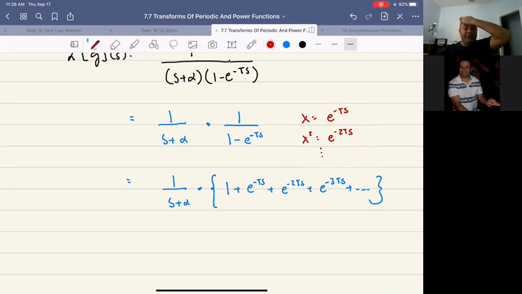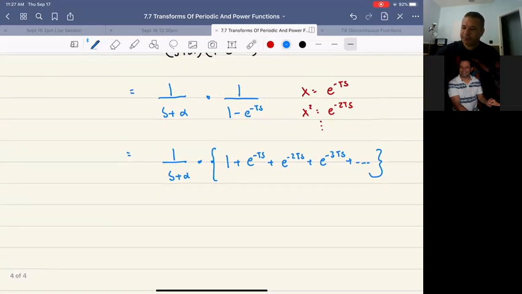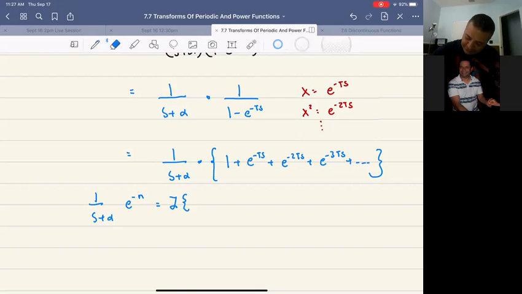So now we actually can use this. I want you to look at the Laplace transform sheet. 1 over s plus alpha times e to the negative nts equals, this is the Laplace transform of, sorry, that should be nts. I'm using number 10 now.